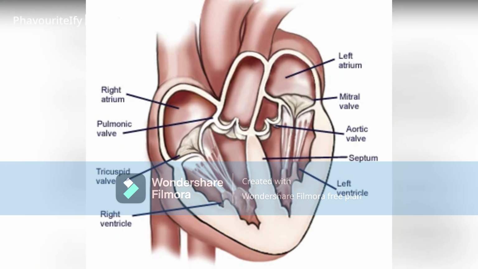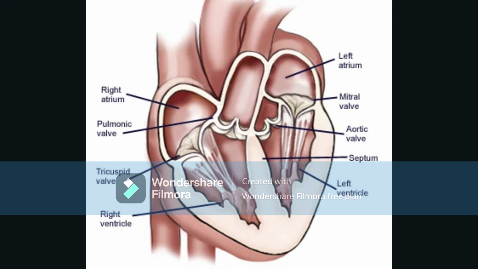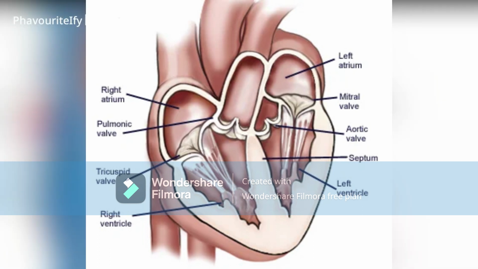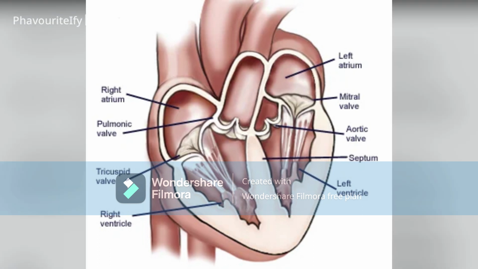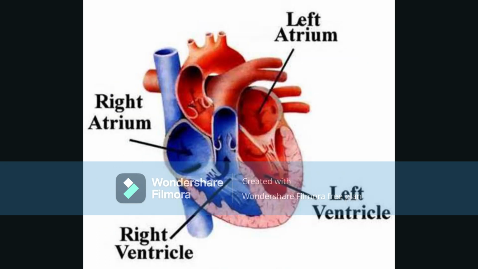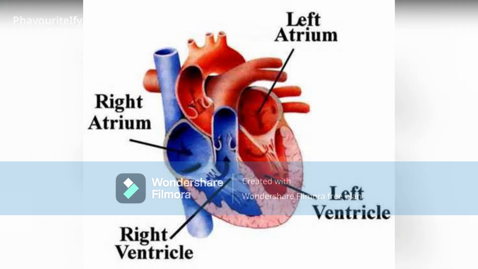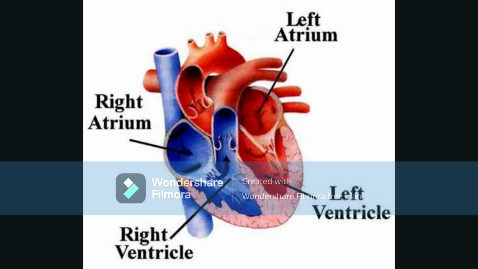So this pulmonary valve is located between the pulmonary trunk and the right ventricle. Another one is the aortic valve. It's located between the left ventricle and the ascending aorta. This is the aorta here. It's located between this and the left ventricle.